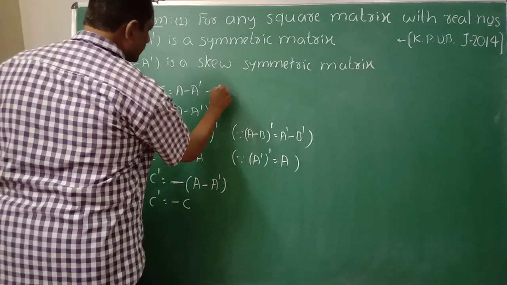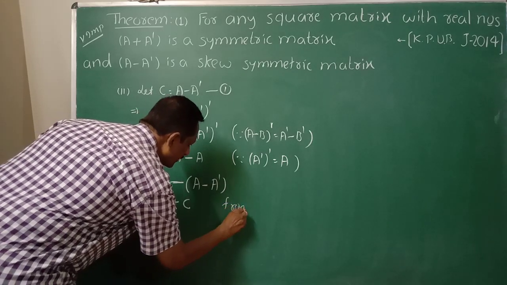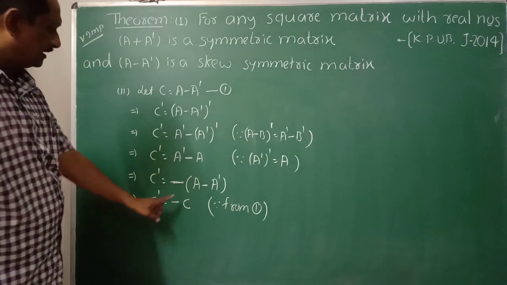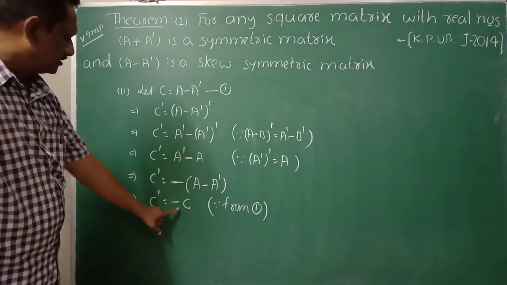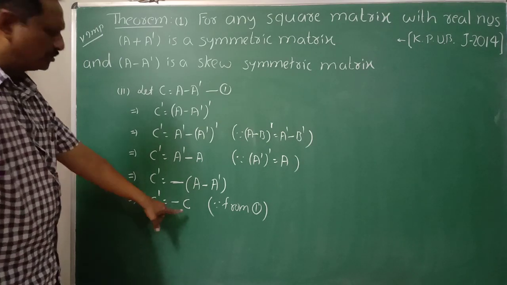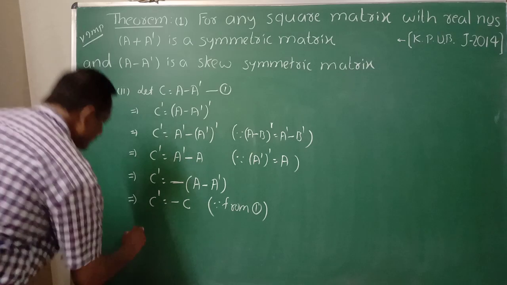Take result number 1 here. From 1, if this condition is satisfied, if C dash is equal to minus C, then C is said to be a skew symmetric matrix. This is by definition.